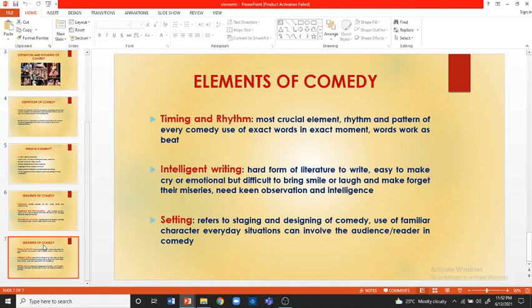So for effectiveness, for impressiveness, and also to look special, timing and rhythm is important. And in short, using the exact word in the exact place or at that exact moment is very effective. It affects the readers or the audience.